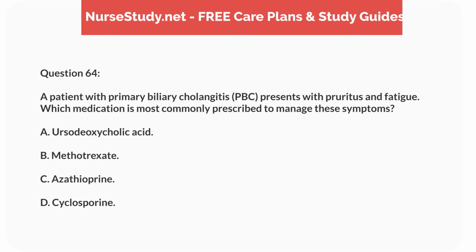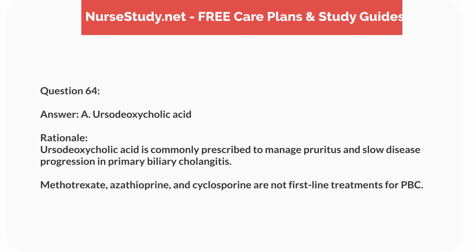D. Cyclosporin. Answer: A. Ursodeoxycholic acid. Rationale: ursodeoxycholic acid is commonly prescribed to manage pruritus and slow disease progression in primary biliary cholangitis. Methotrexate, azathioprine, and cyclosporin are not first-line treatments for PBC.